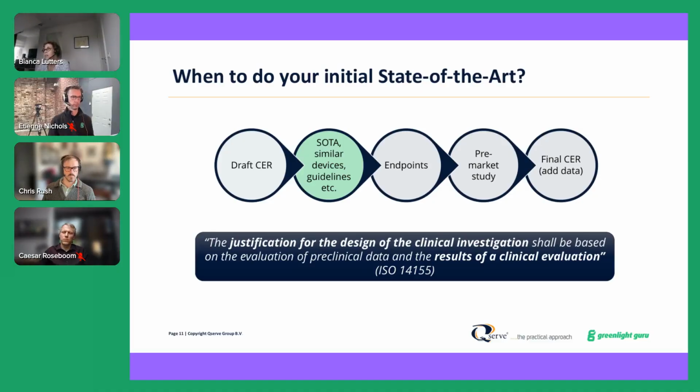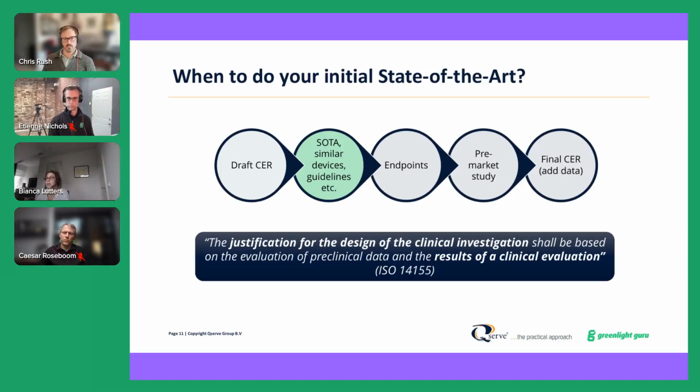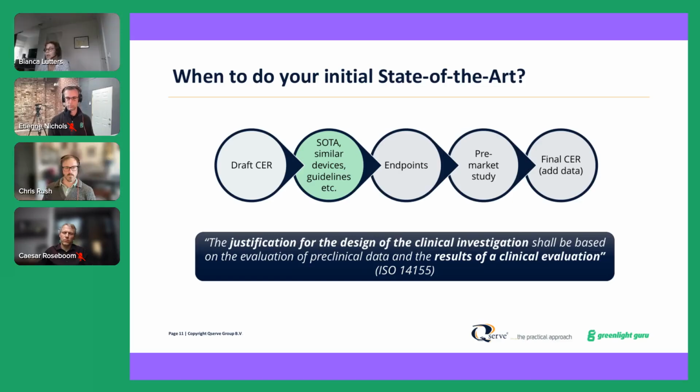If you are really smart, you use your state-of-the-art text from the CER in your clinical investigation plan and in your investigator brochures. Maybe not identical, but at least very similar. But if you have identified those endpoints, you can really start to do your pre-market study and then add the clinical data to your clinical evaluation report, which means that you are ready to submit for market access in Europe.